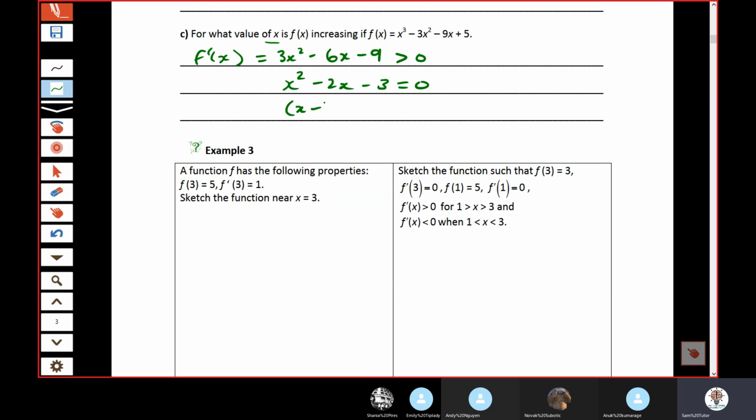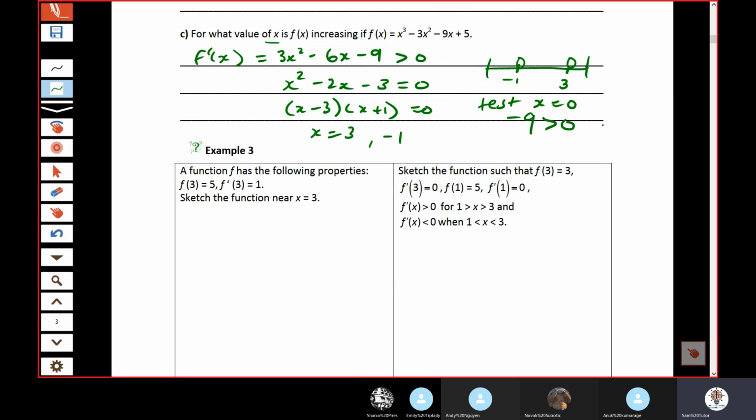And then I get x minus 3, x plus 1, x equals 3 and minus 1. I usually go and test minus 1 and 3. That's an open circle, test x equals 0. I get negative 9 in here, right, into f dash, not into the original, into f dash. I get negative 9.